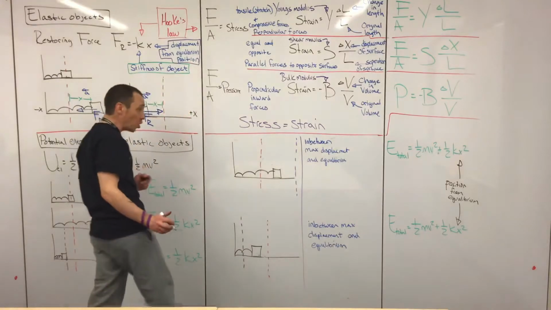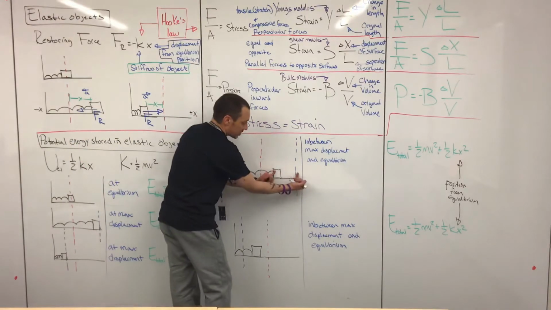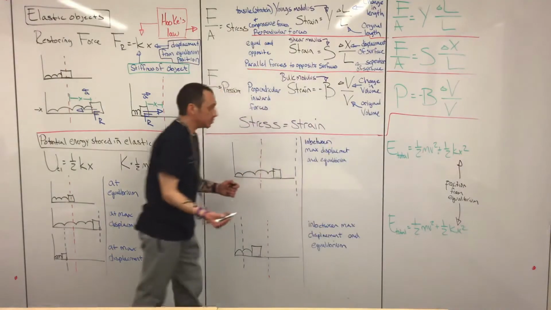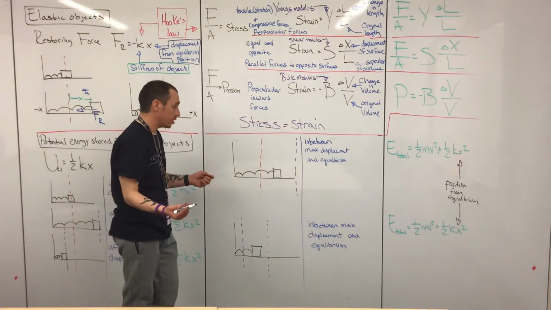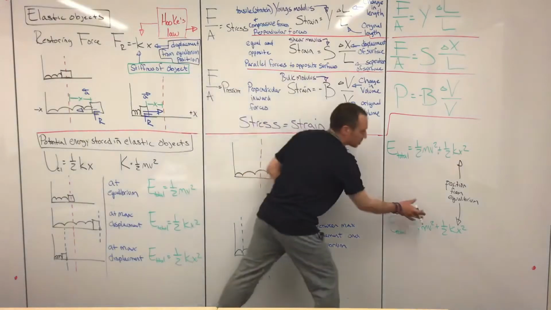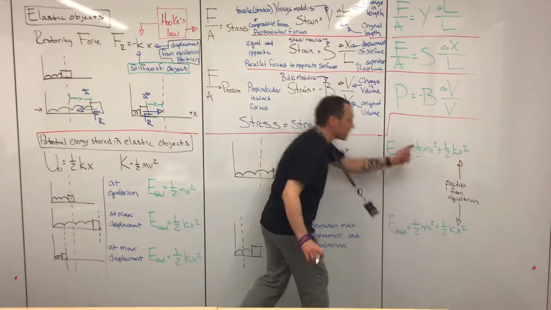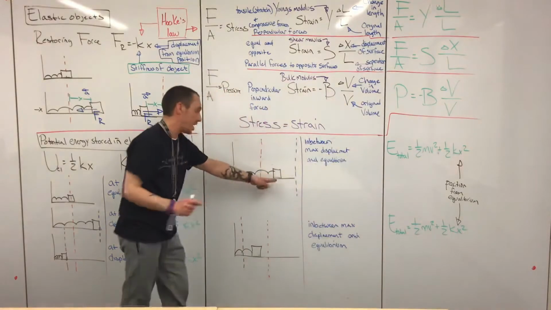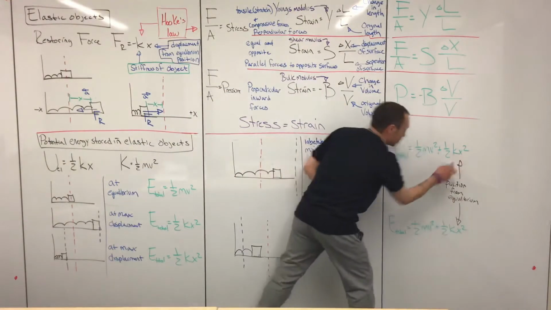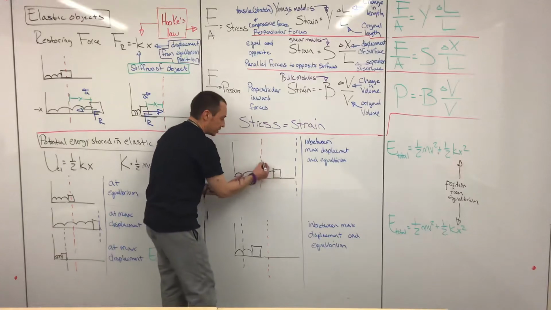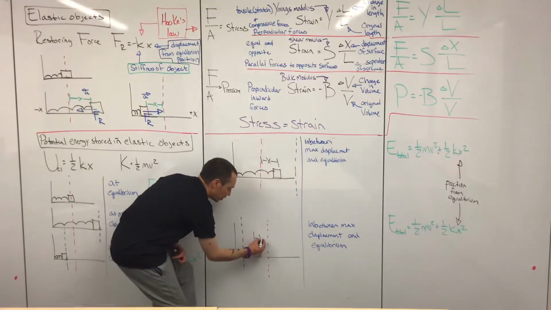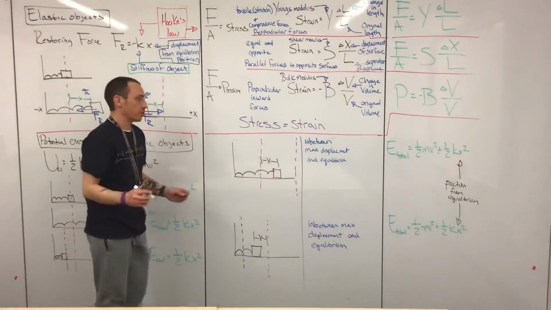Or if you're using this max extent, if you know the max amplitude, you can kind of use, well, no, not in this case. Sorry, I take that back. I was thinking of a different situation. So just in these cases, keep in mind that X in there, no matter which equation, is going to be the displacement. This is how far you are from equilibrium, or your original shape.